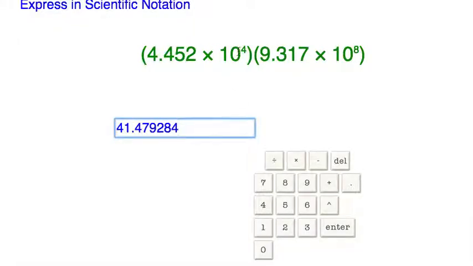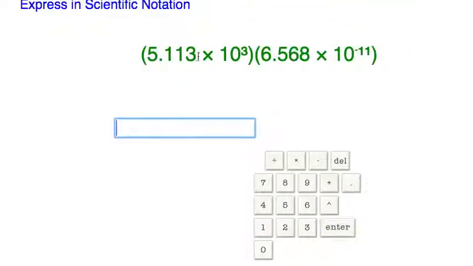All right, if I move the decimal point over 1, that's going to be times 10 to the 1. So remember that. When I multiply 10 to the 4 times 10 to the 8, it's going to give me 10 to the 12. But because I moved this over 1, I'm going to add 1 to it, 10 to the 13. Okay, so times 10 to the power of 13.